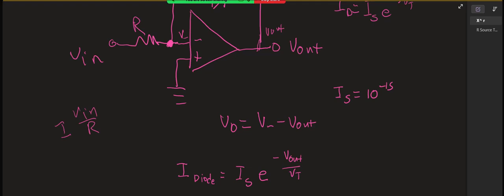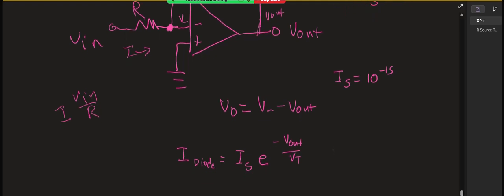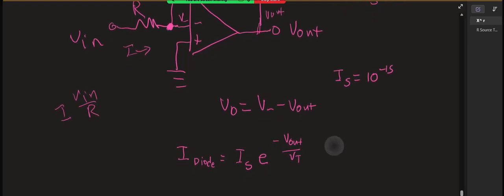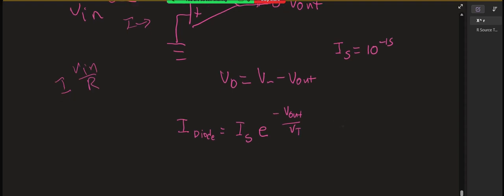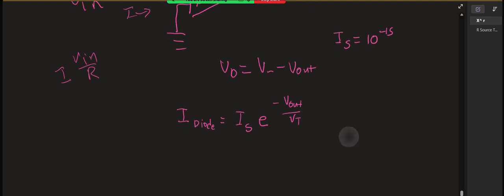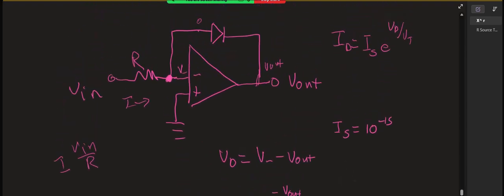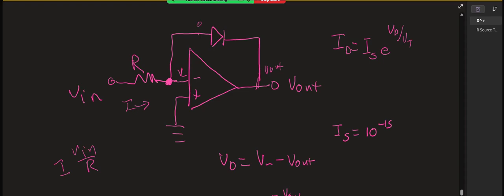And how did you get that? Ohm's law with the resistance. Yeah, so we just have that. All right. So I can say that I diode, is that going to be the same as the current through the diode?